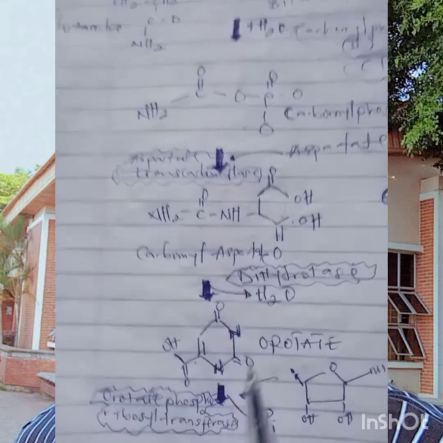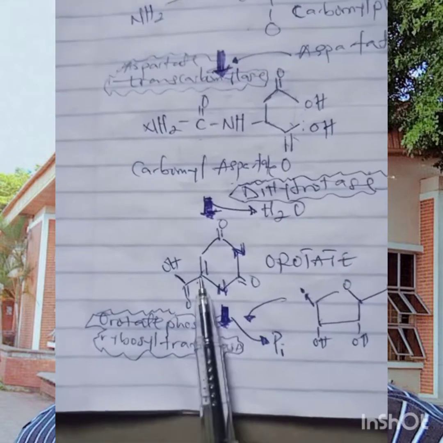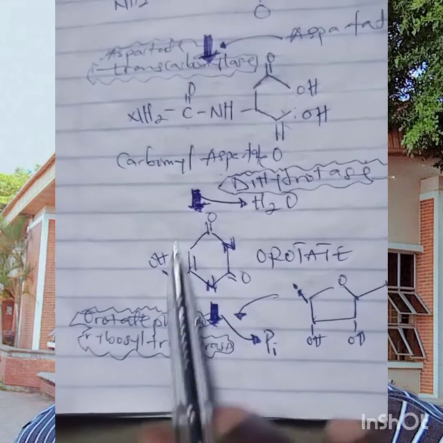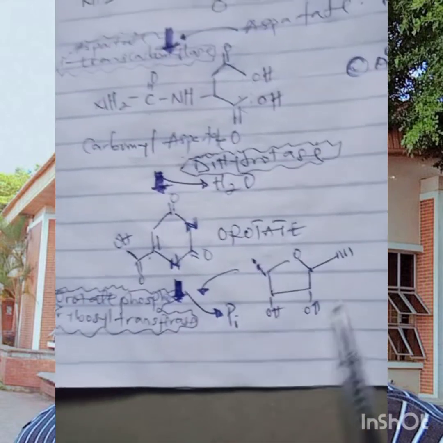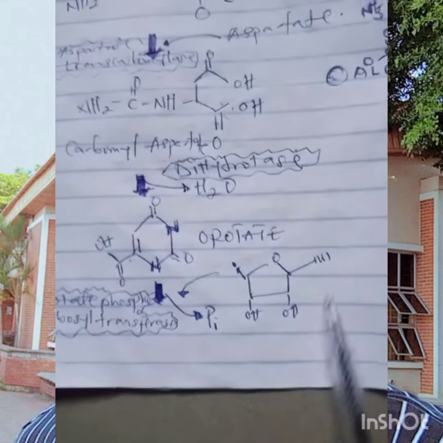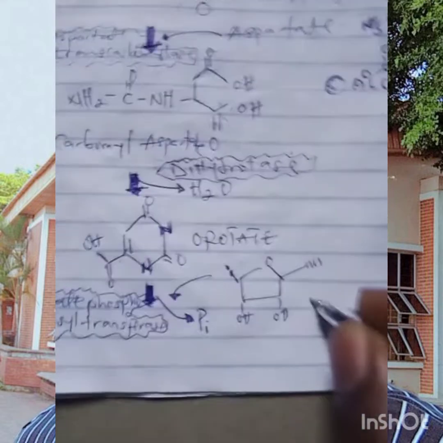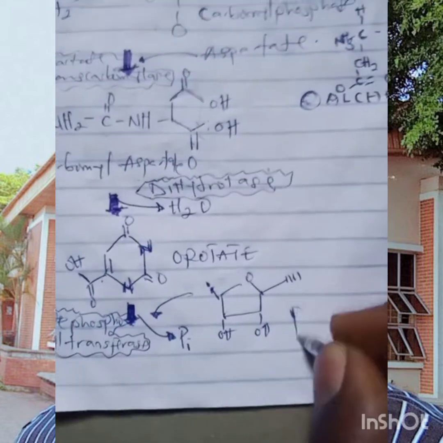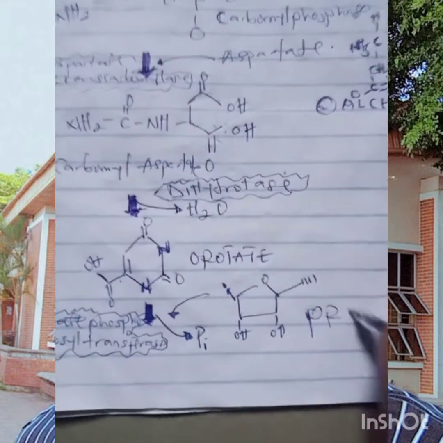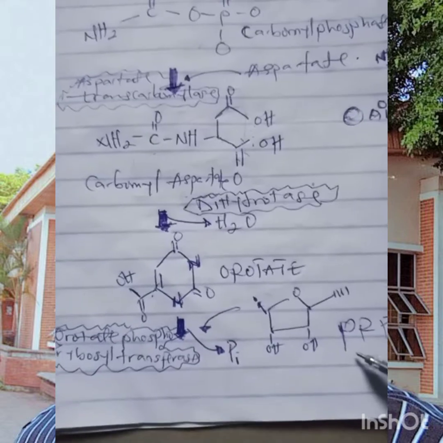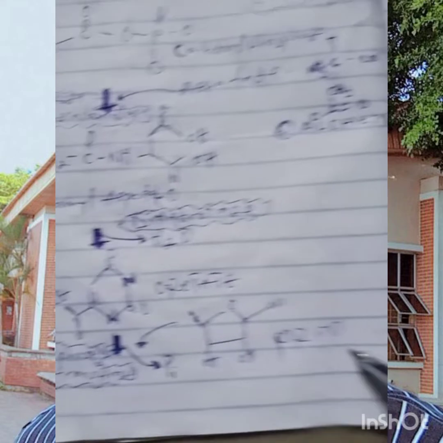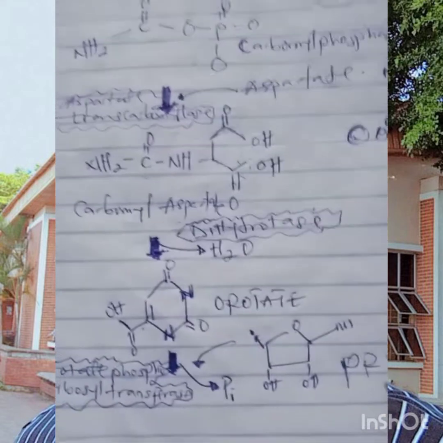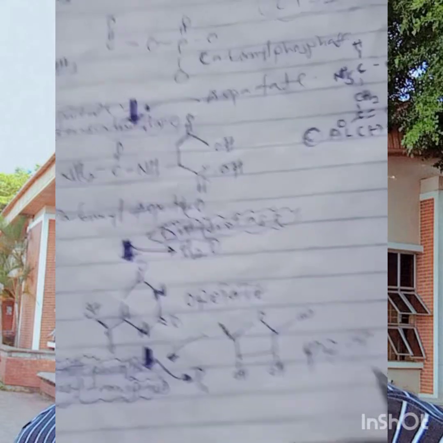And in the next step, we ought to add our PRPP. This structure is called PRPP, that is the phosphoribosyl pyrophosphate.